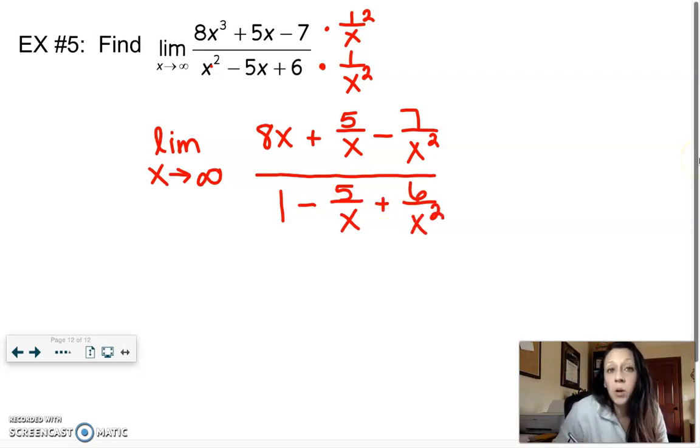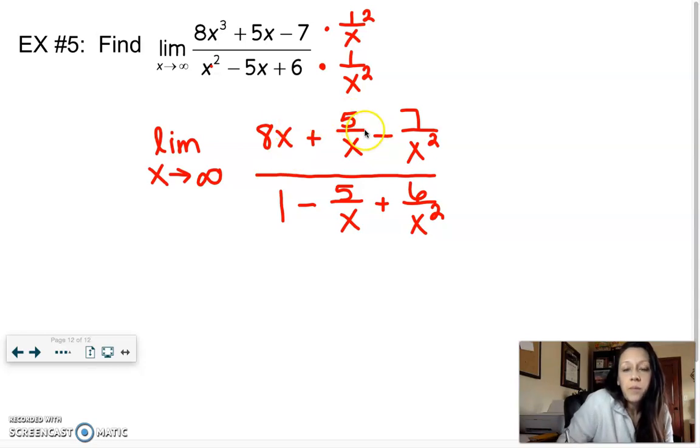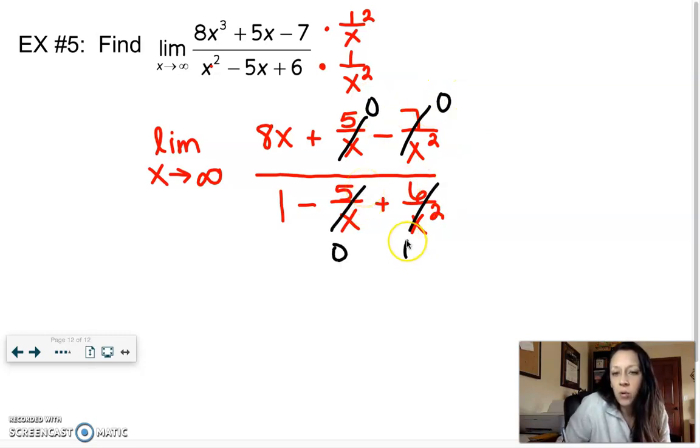So I'm going to go through and look for when I'm dividing by infinity, and I'm going to make those a 0. 5 over x means 5 divided by infinity, that's 0. Here's another 0. Anytime you have an x on the bottom with a whole number on the top, it's 0 because we're going to infinity.